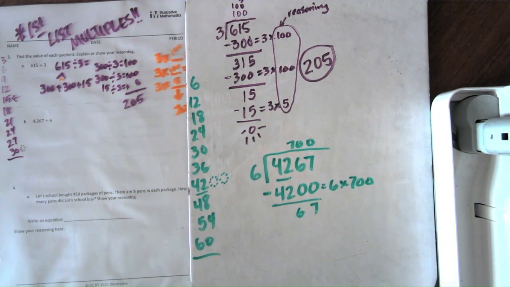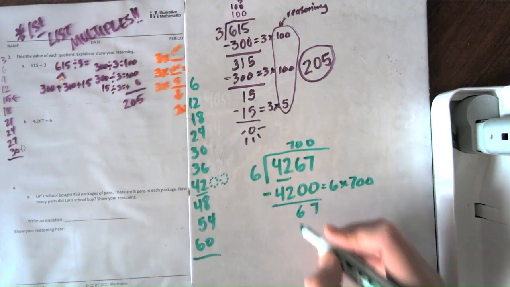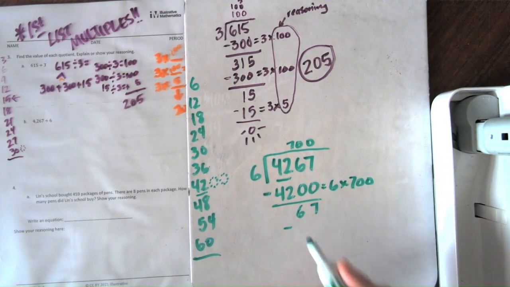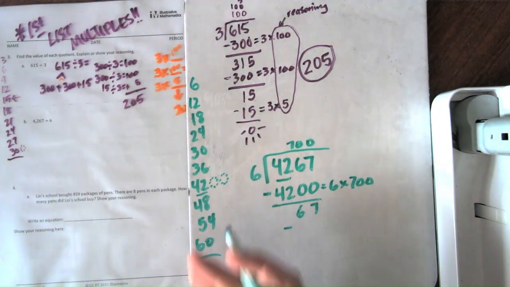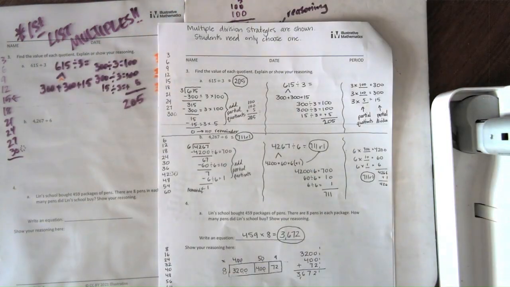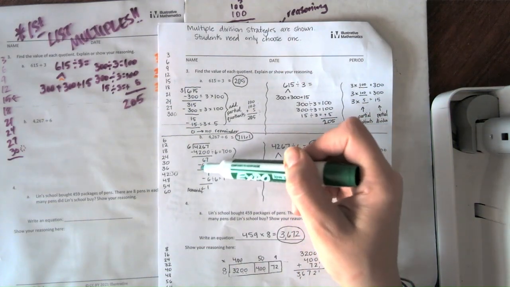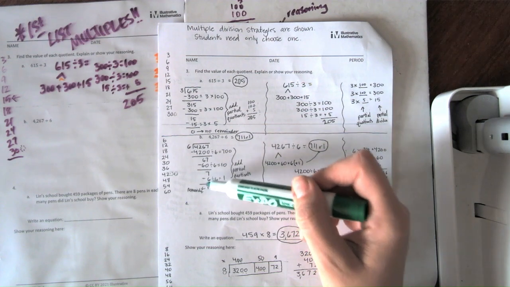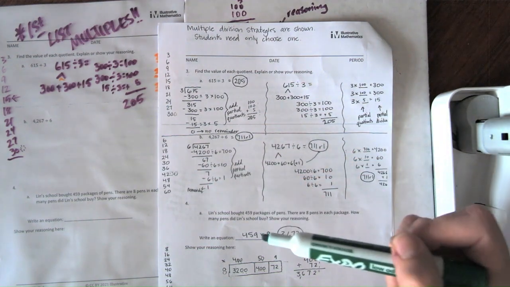I have 67. All right, well now I can do one of two things. I'm trying to decide what I'm going to subtract, and I'm going to let the list guide me. What I notice about this list, which is different than it says in the study guide. In the study guide, what I did was I went right here and I took the 10. I just took the 10, and then I know I had 7 left and I took the 6.